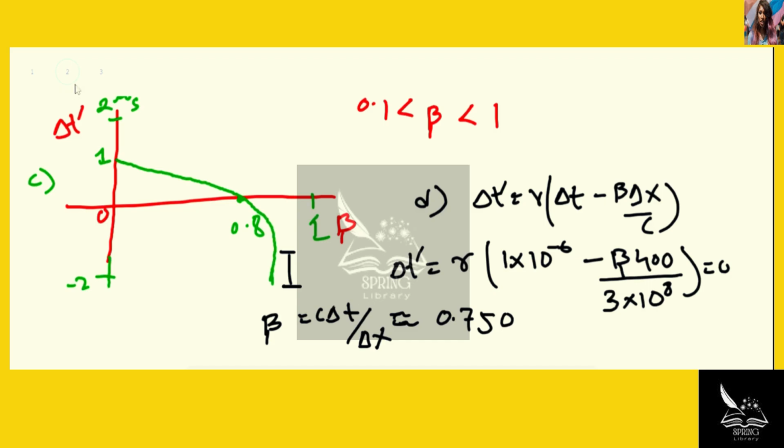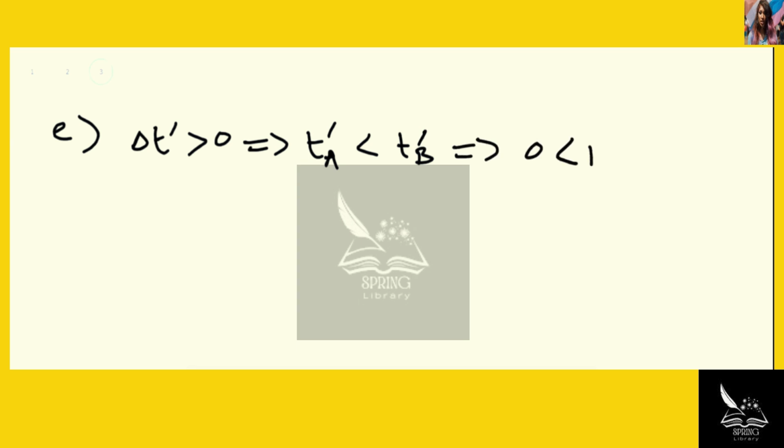For lower speeds with Δt' greater than 0, we can write t_A' is less than t_B', which implies 0 < β < 0.750. According to Bullwinkle, event A occurs before event B, as we just observed.